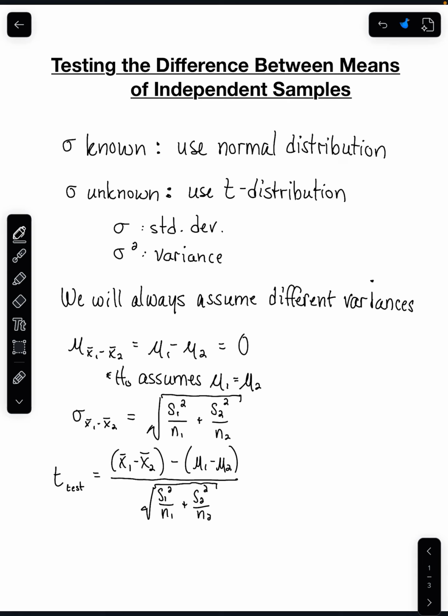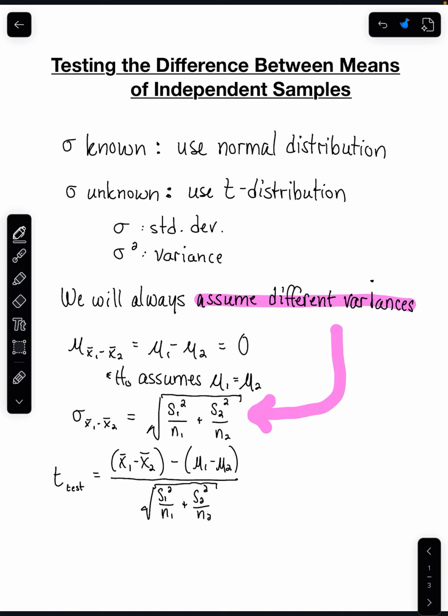Now again, this is under the idea that if we assume different variances, this is the formula that we use for sigma. If we are able to show through later processes that the variances of the two populations are close enough to be almost equal, then we can come up with a value for that standard deviation through a different formula, and then we would use that instead.